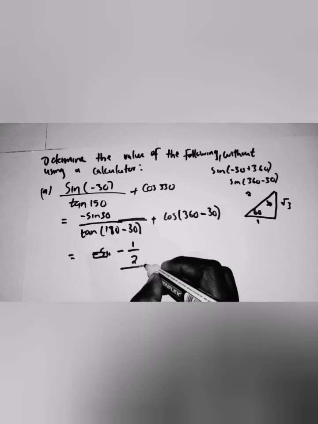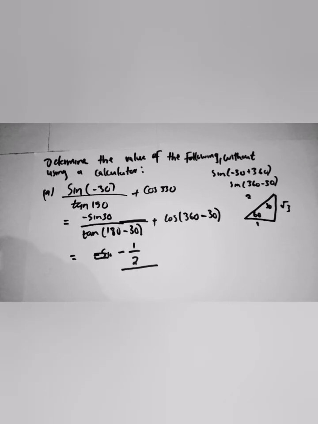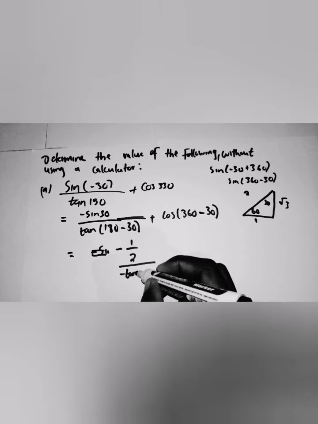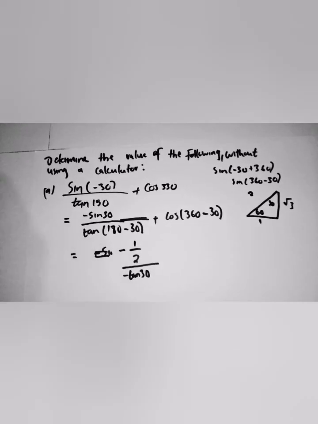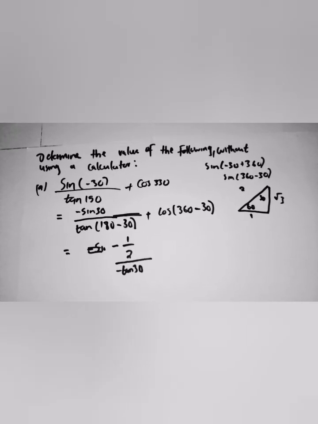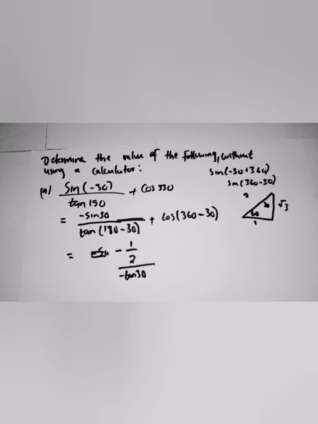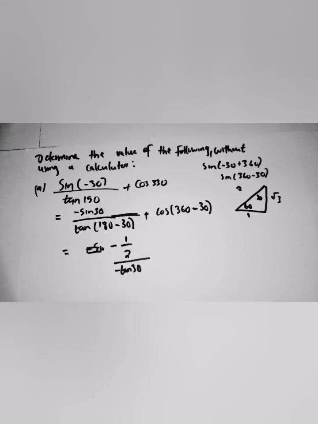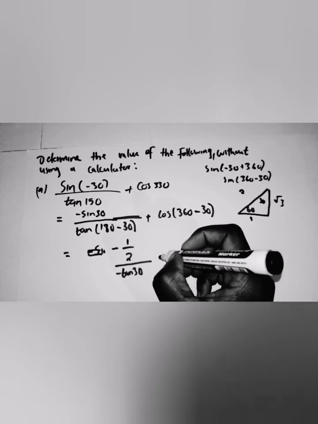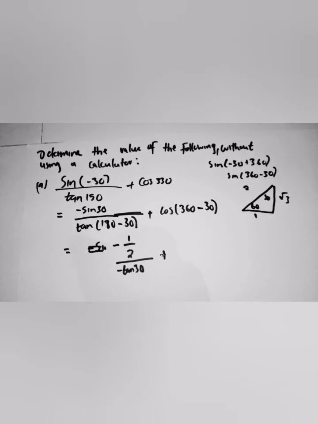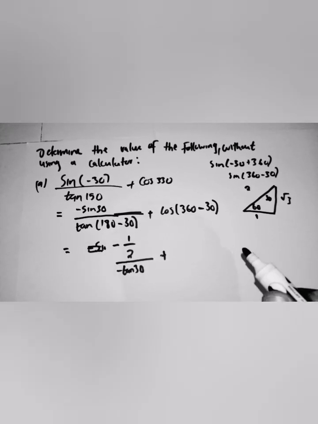Now below there you have 180 minus, on the second quadrant. Therefore tan on the second quadrant is negative, so we have negative tan theta. I don't know if you get that, but that's very important. Make sure you pause the video and listen again to what I was explaining there.